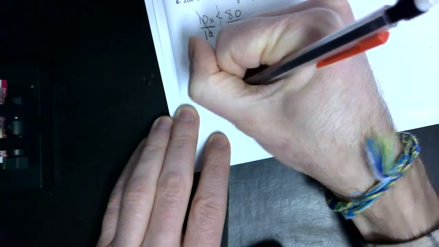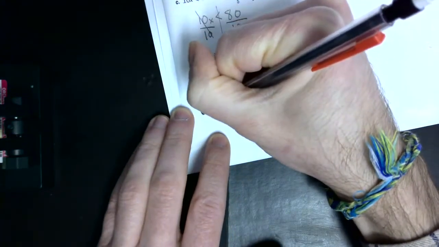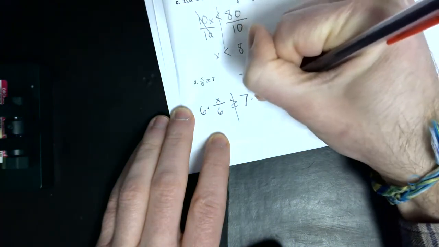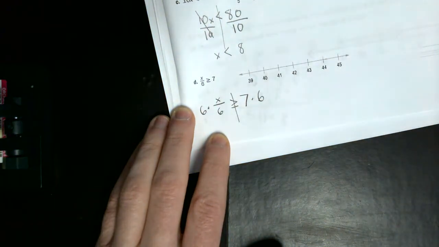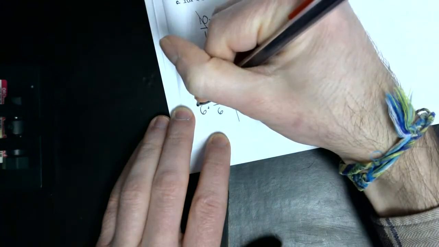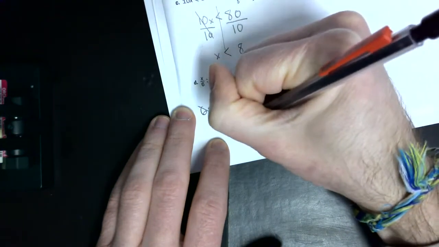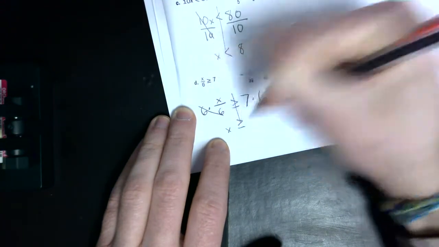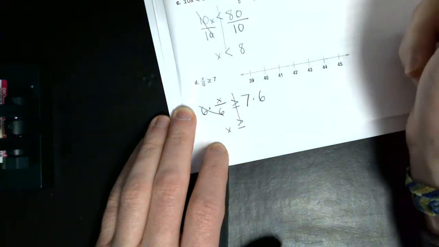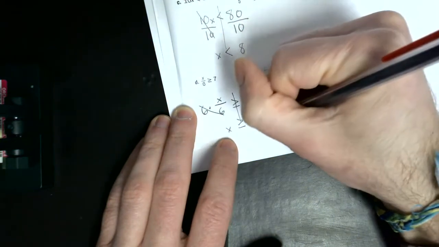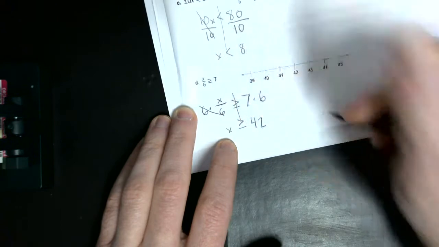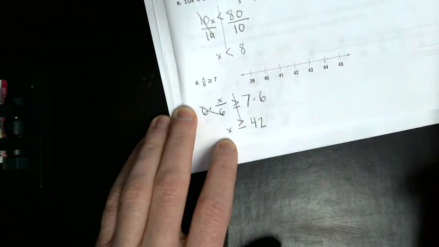So we're going to multiply both sides by 6. These 6's cancel out. And we get x is greater than or equal to, what's 7 times 6? Would be 42.